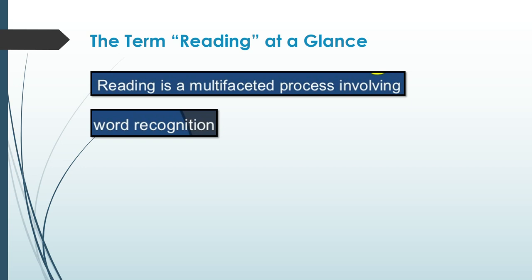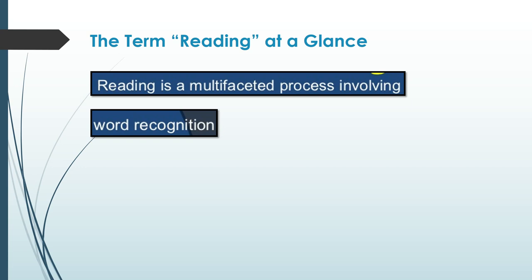Just like if there is a word, reading, the first step will be to recognize what are these 1, 2, 3, 4, 5, 6, 7 letters. What are they? So it will be READING.